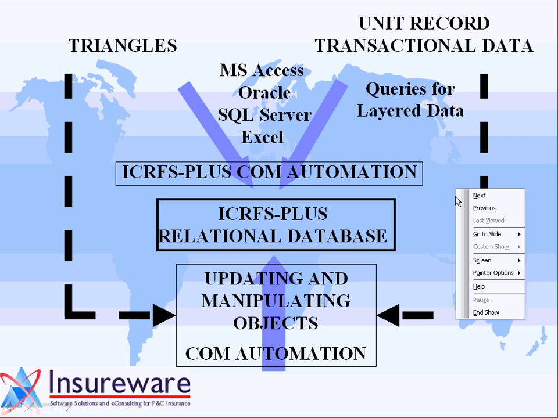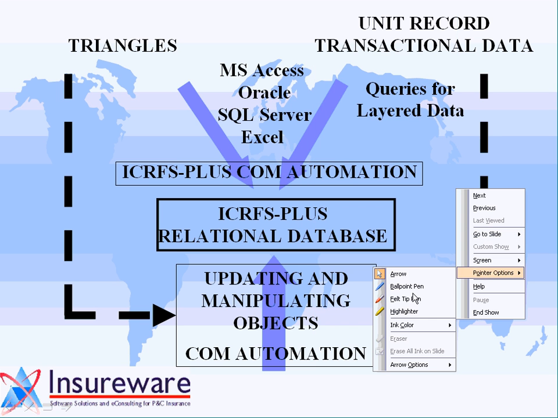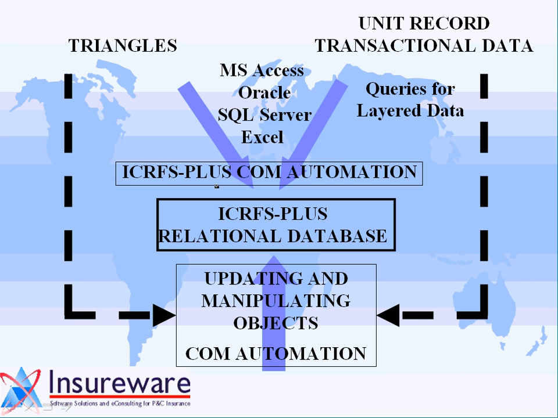relational database. We also used some of the COM script to manipulate objects in the database. So for instance, if in the spreadsheets you had an incurred array and a paid array, then the COM script would also create the case estimates from those two arrays.